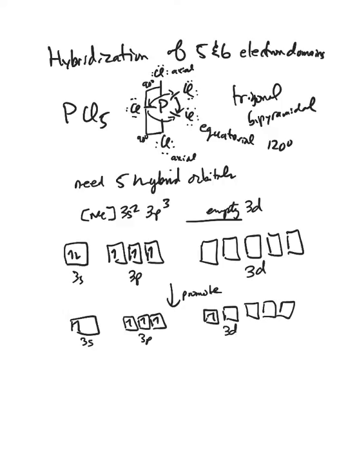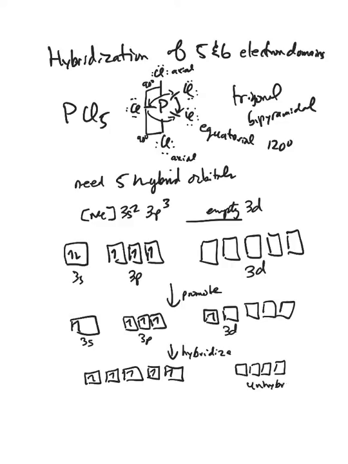And then we can gain that energy back as we hybridize. And now we're going to have 5 hybrid orbitals by combining the 3s, 3p, and 3d, each with a single electron in them. And we're going to have 4 unhybridized 3d orbitals. There are 4 of those.